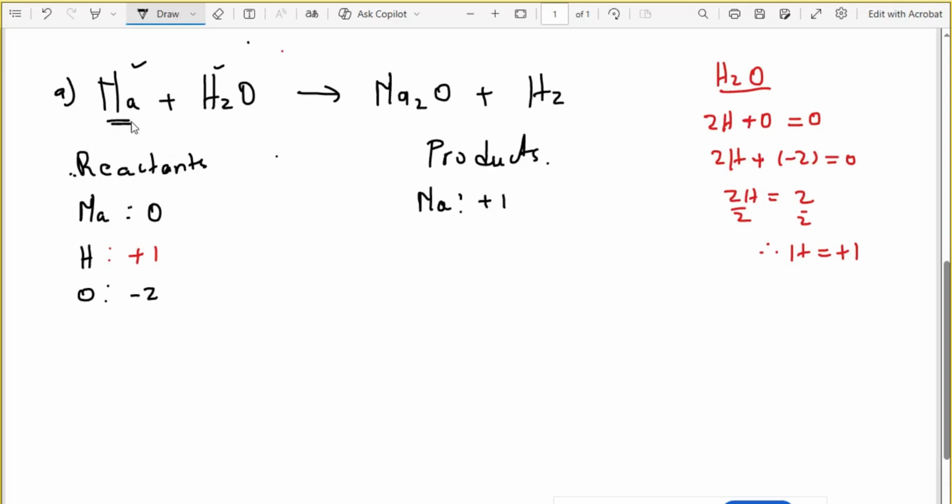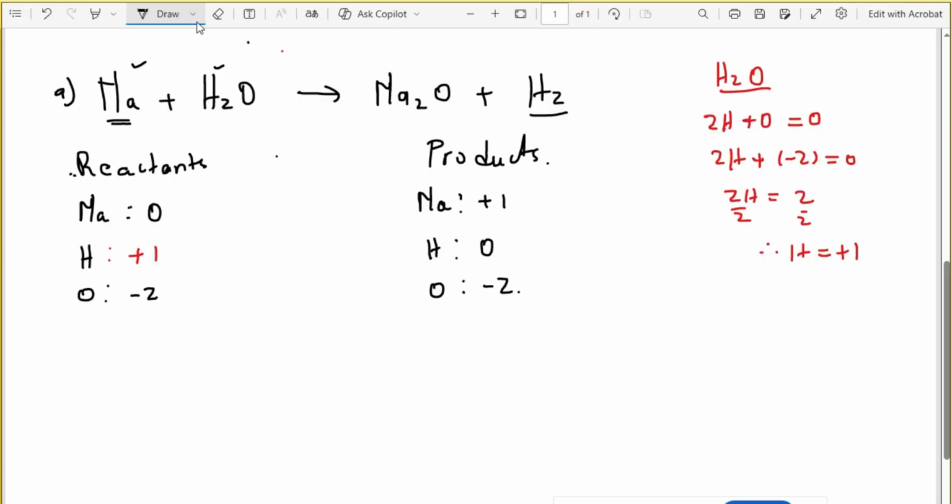Because on the reactant side Na is uncombined, and the oxidation number of uncombined elements is 0. And then Na is now with oxygen. We need to check which group Na is in. That's in group 1, so it will have plus 1. Then what about hydrogen? H2 is 0, it's uncombined. Then oxygen is always minus 2.